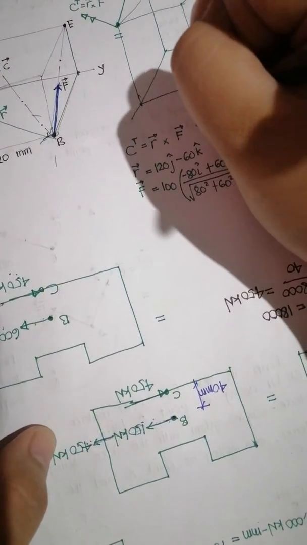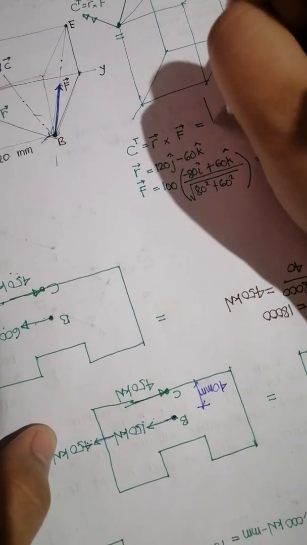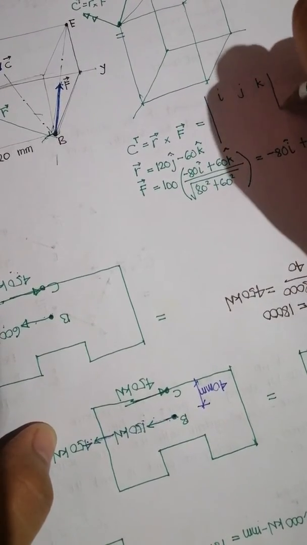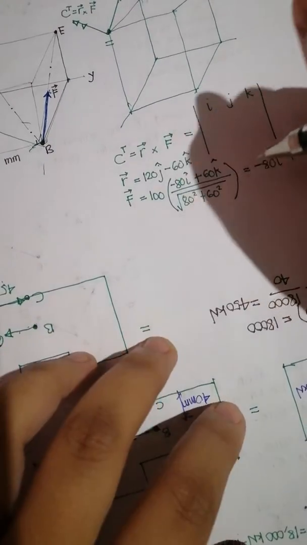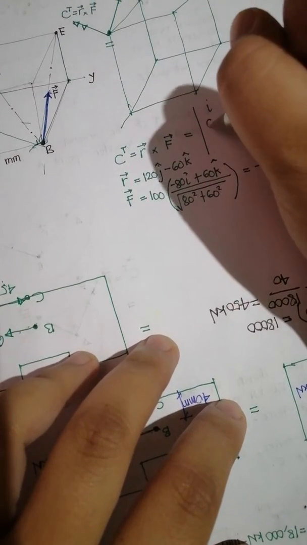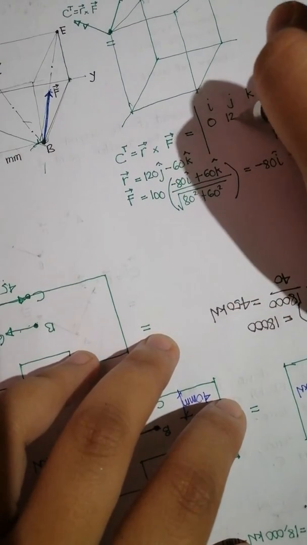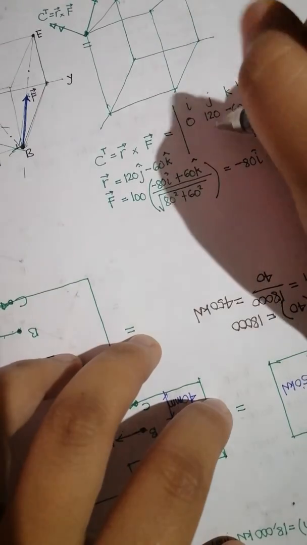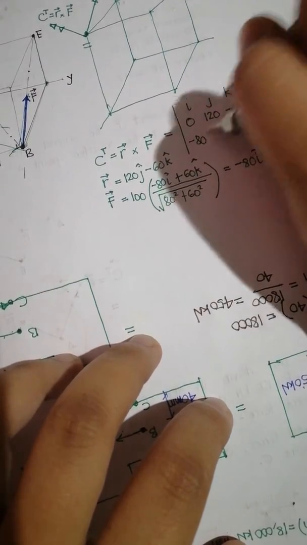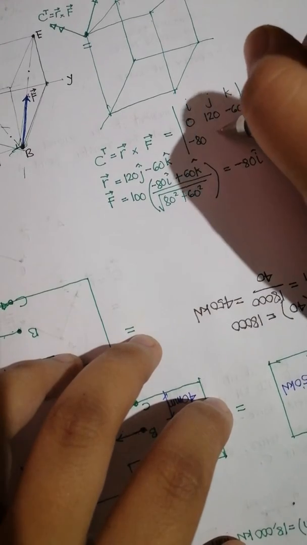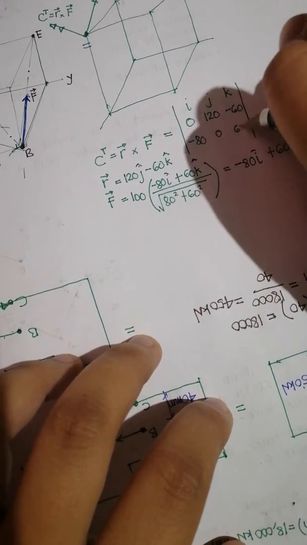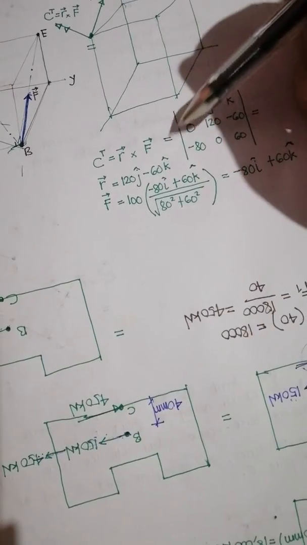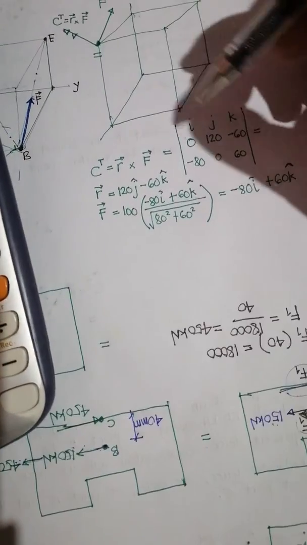So for the couple of transfer, we now have i, j, and k. This is a cross product, remember. For r, we have 0 i, 120 j hat, negative 60 k hat. For F, that's negative 80 i hat, 0 j hat, plus 60 k hat. For i, we have 120 times 60.